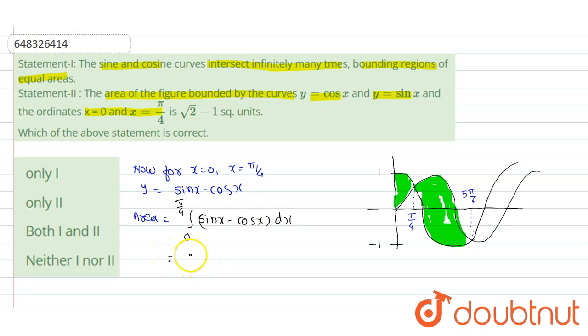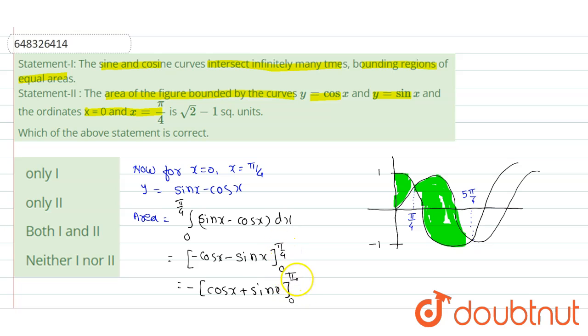The integral of sin x is minus cos x, and the integral of minus cos x is minus sin x, so we get the modulus of minus (cos x plus sin x) from 0 to pi by 4.